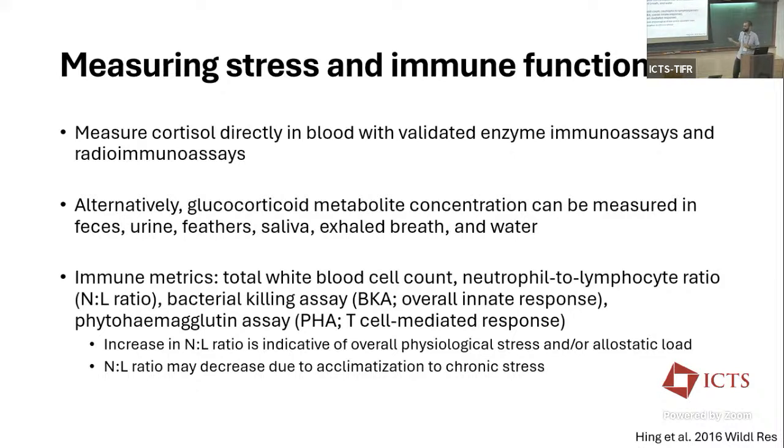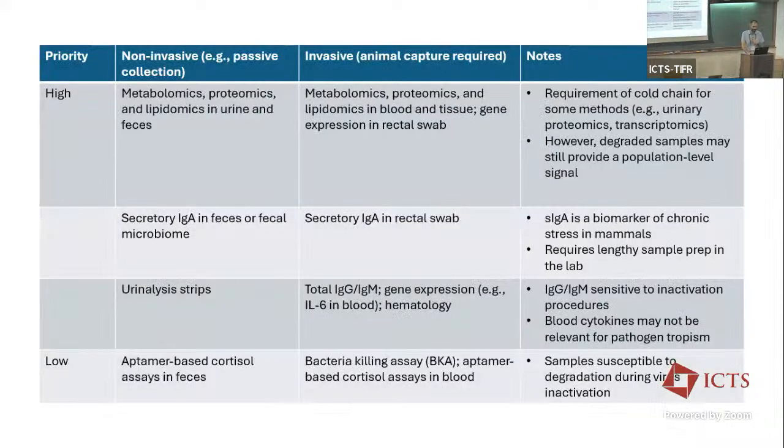Some measures for immune metrics that you might look at are total white blood cell count, neutrophil to lymphocyte ratio, and bacterial killing assays. There's a lot of options out there. Some are more interpretable than others. I think the neutrophil to lymphocyte ratio is somewhat hard to interpret sometimes, but it's a nice crude measure of an individual's stress response.